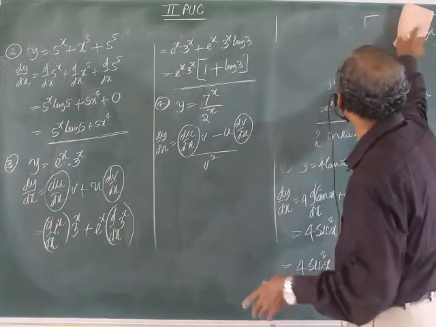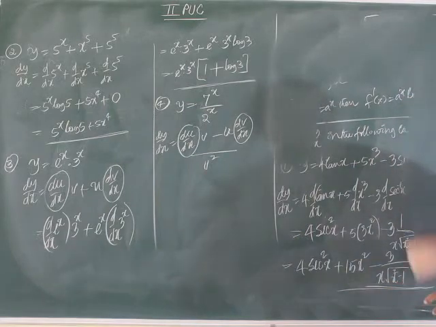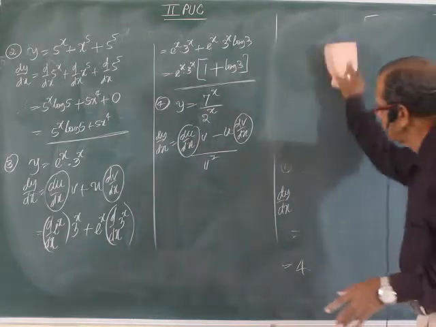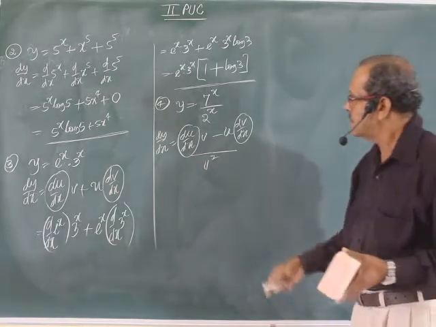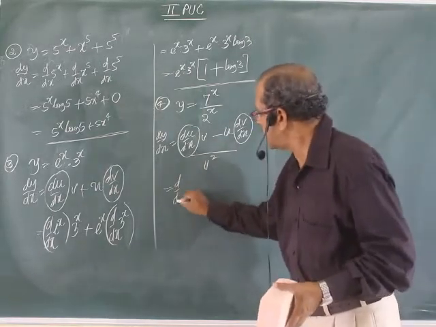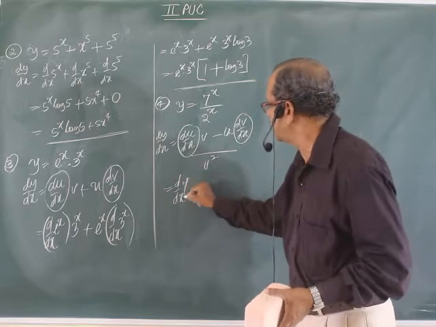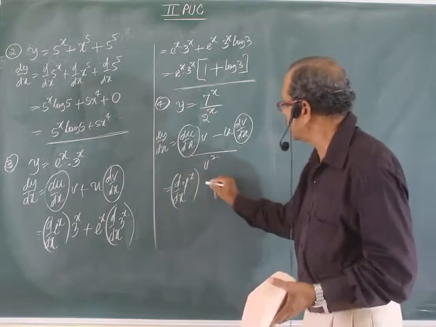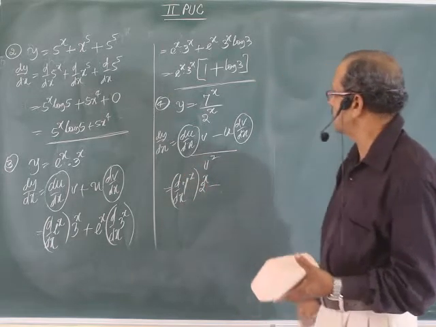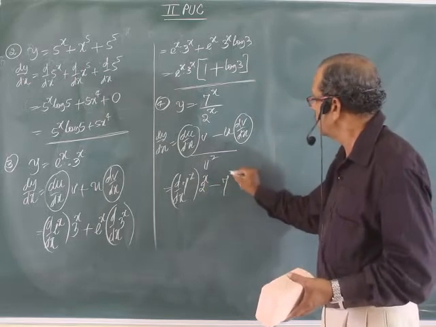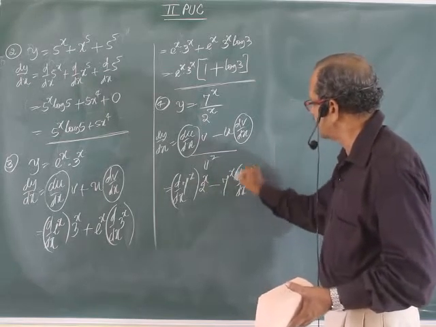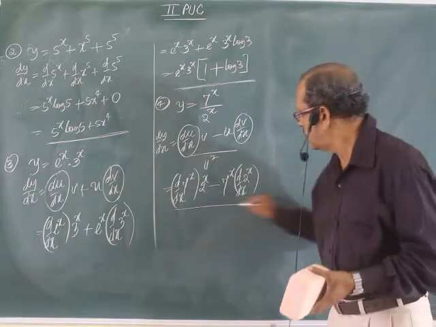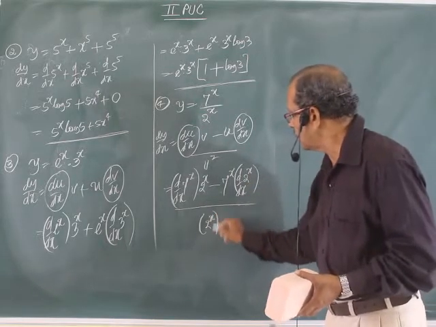Write the quotient formula first. d by dx of numerator 7 to the power x into denominator 2 to the power x. Numerator as it is, d by dx of 2 to the power x by 2 to the power x whole square.